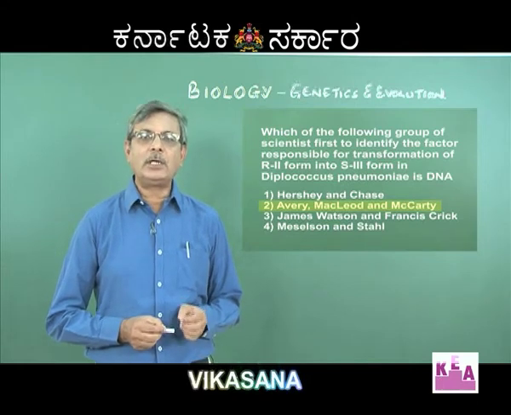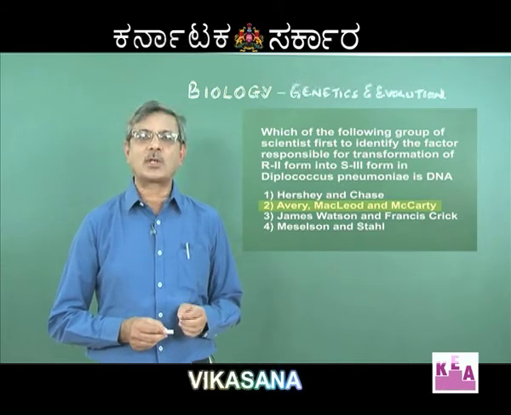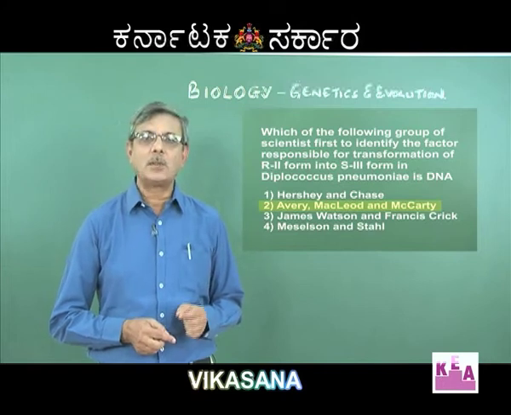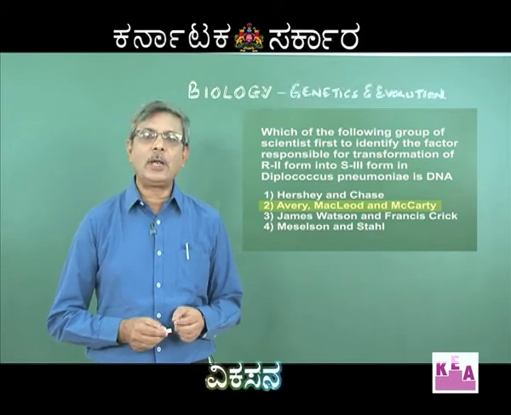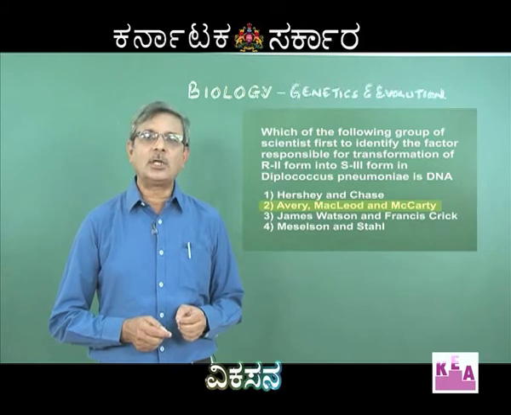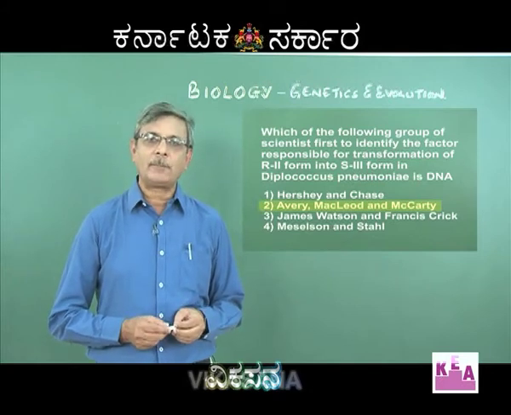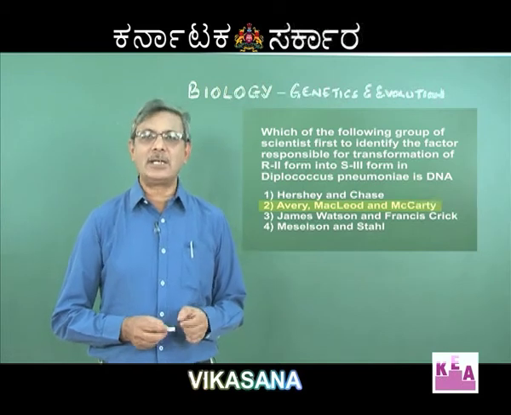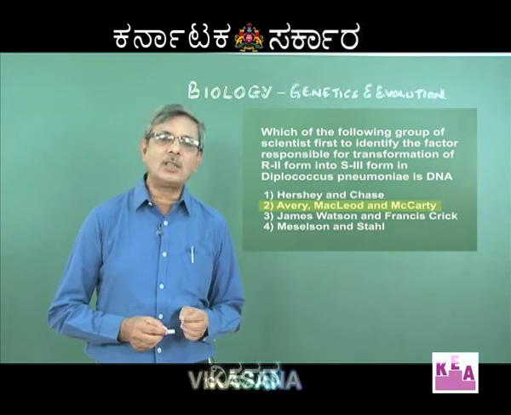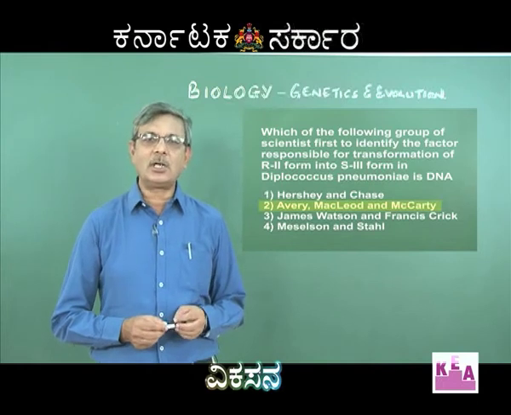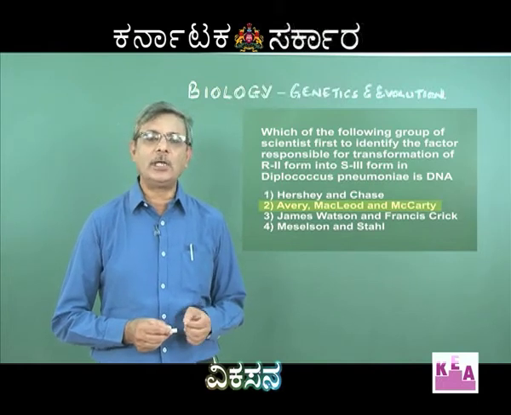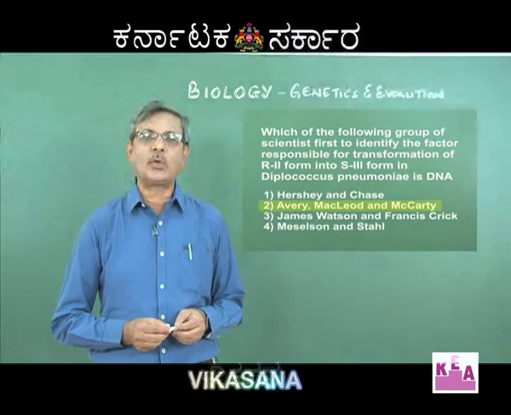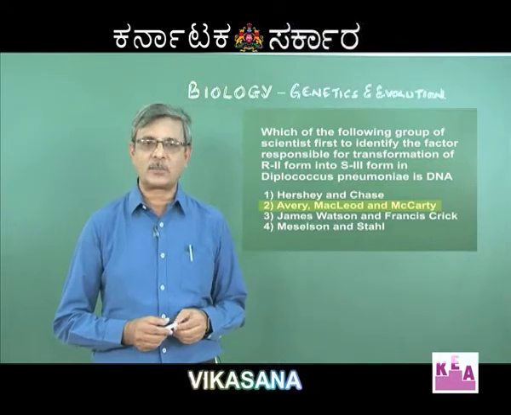For labeling the DNA, they used labeled phosphorus, that is P32, and they were able to show that it is the DNA, the genetic material of the virus, that is put into the bacterial cell. So we call this transduction. The credit of discovery of DNA as the genetic material in bacteriophage goes to Hershey and Chase.